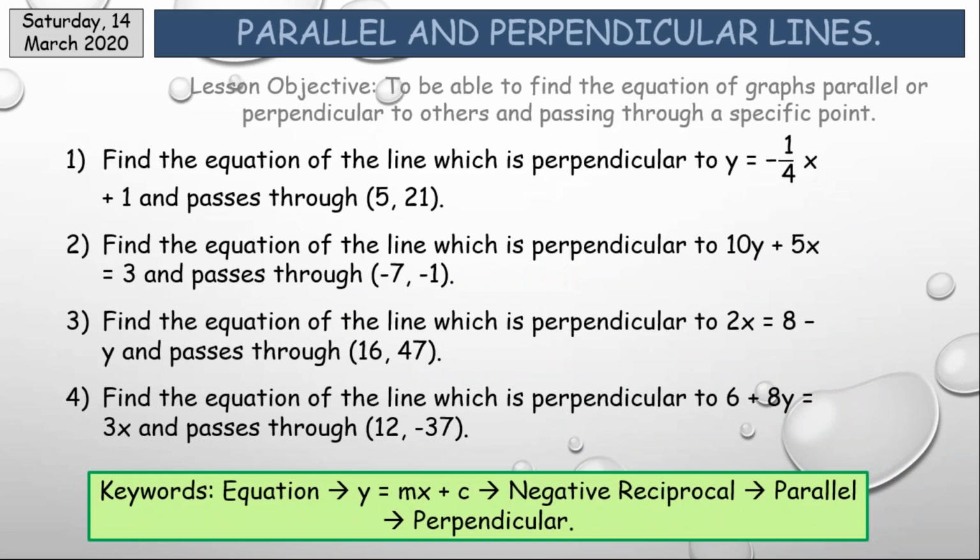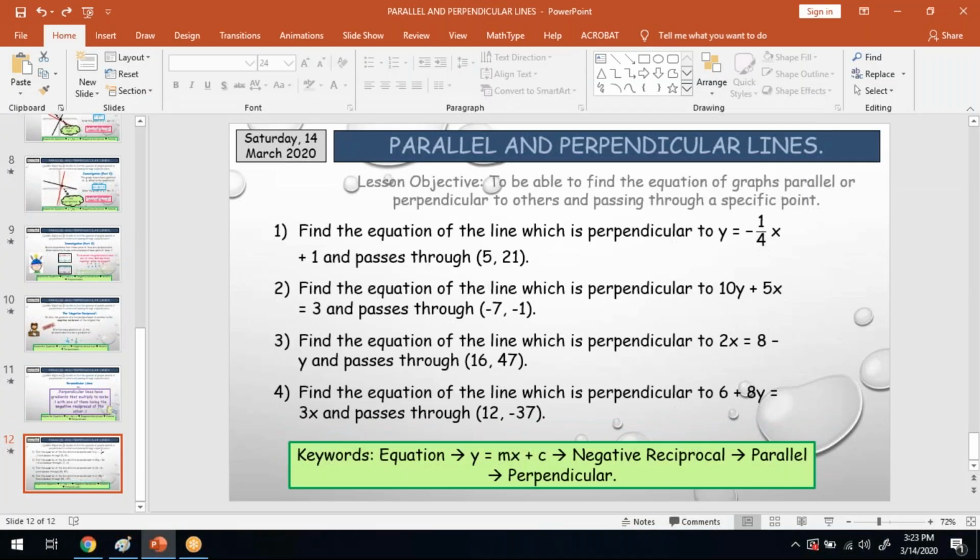As we've done exercises on parallel lines, we can also make different types of examples on perpendicular lines. These are the most commonly seen examples in GCSE and IGCSE exams about perpendicular lines. You're given one line and you want to find a perpendicular line to it or a parallel line to it. Let's focus on perpendicular lines for now.